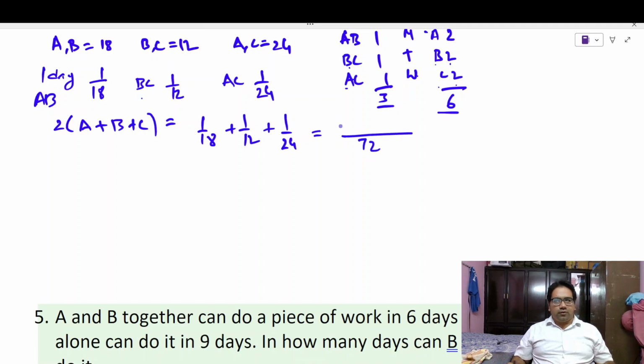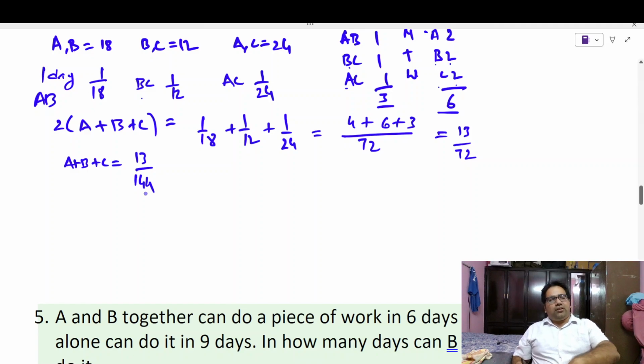Then 4 plus 6 plus 3, that is 13 by 72. Right. That is 2 days of A plus B plus C together. That means 1 day of A plus B plus C is 13 by 144. They will complete 13 by 144 in a single day.